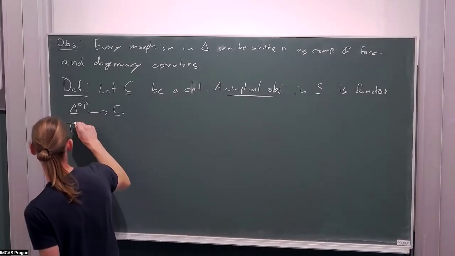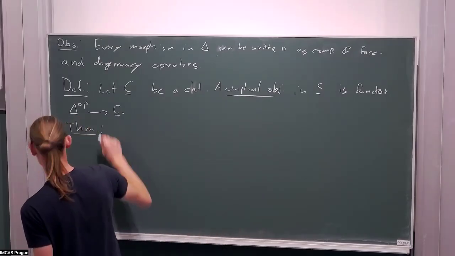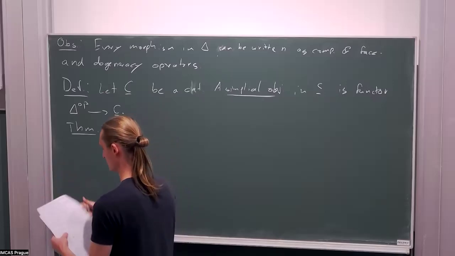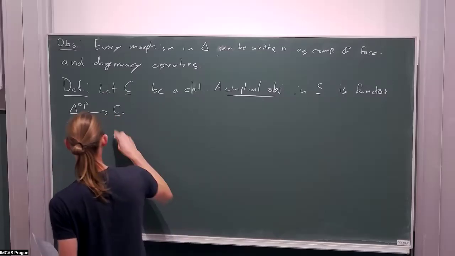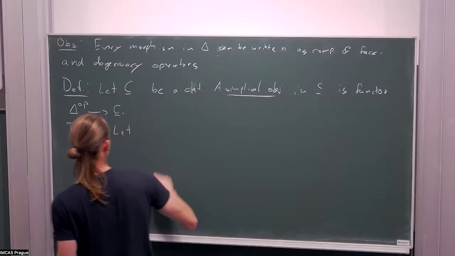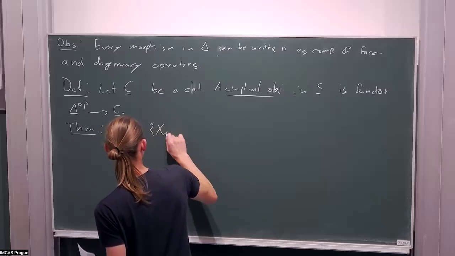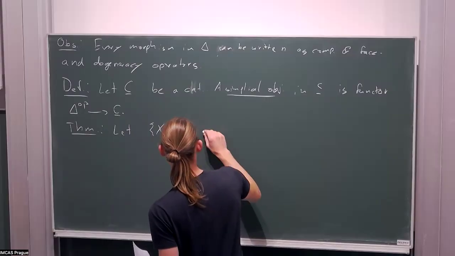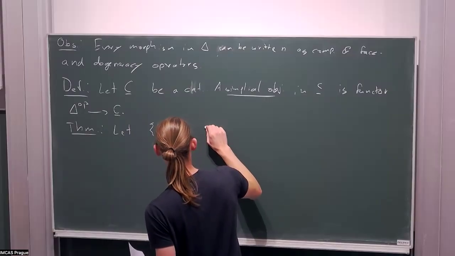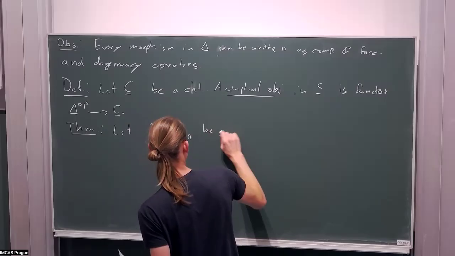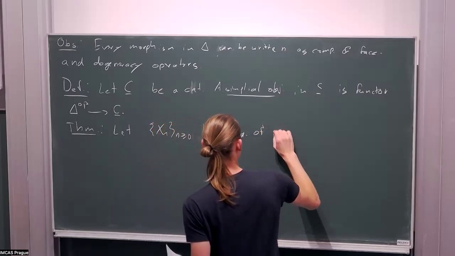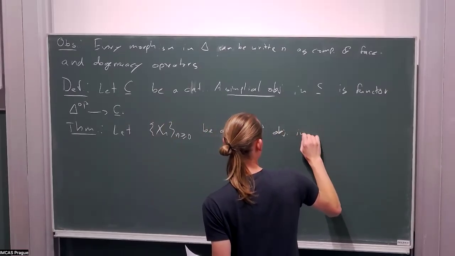Now to understand it a little bit better, I have the following theorem. Let me fix a sequence labeled by non-negative integers of objects in C.